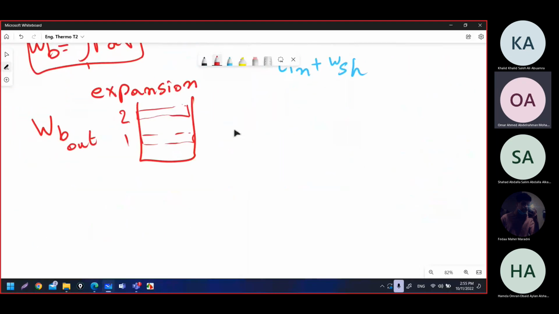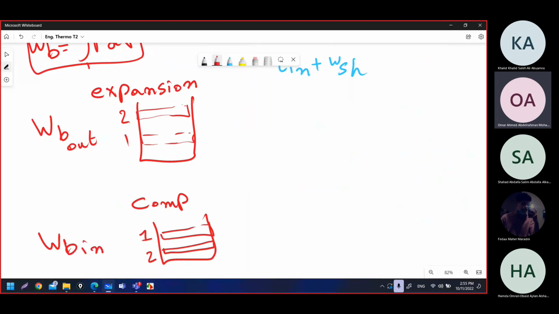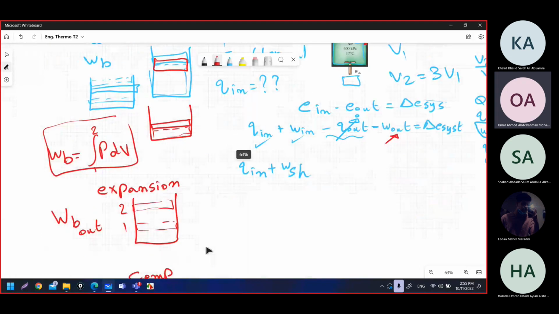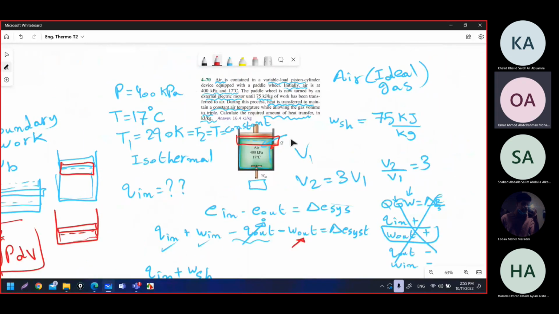And if you have a compression process, this one was your first state for the piston, and then you move down, so you compress the air inside the cylinder, so you have boundary work in. Here in this question, what happened? He said that the volume is tripled, right?